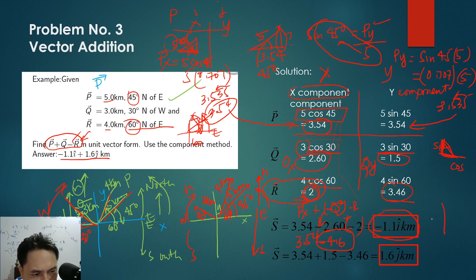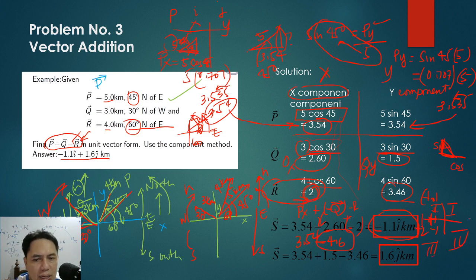This is negative in terms of x, because these are all x components. So negative 1.1, where is that? If we have a scale, negative 1, negative 2, somewhere here. So this is x, negative 1.1, in quadrant 2.